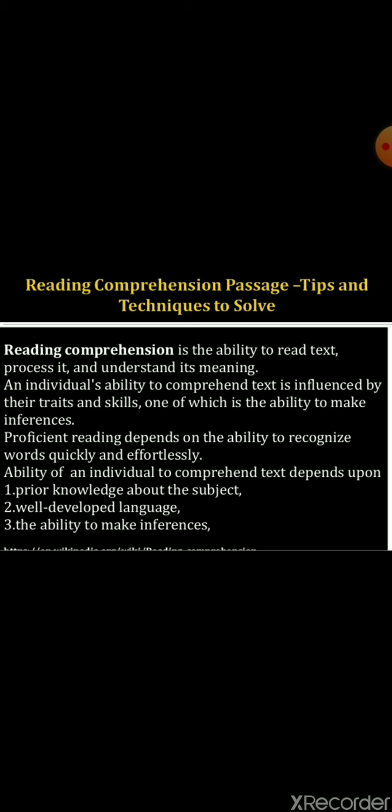Second, well developed language. Do you have good understanding? Number third, the ability to make inferences. Do you have the sense how to associate, relate, correlate the things, the incidents, the facts together? So these are the things you need to develop in that.